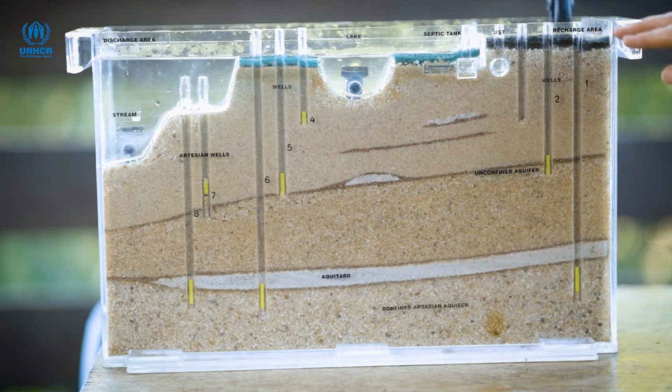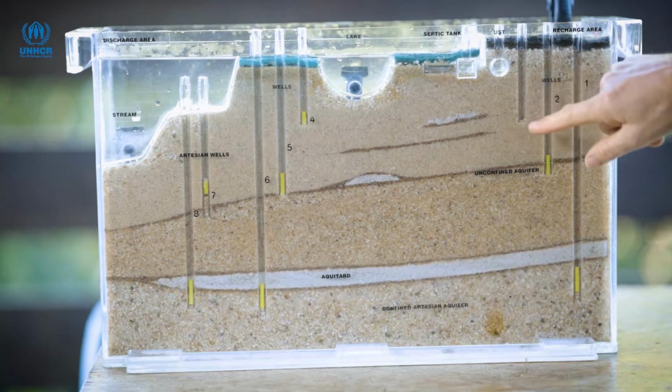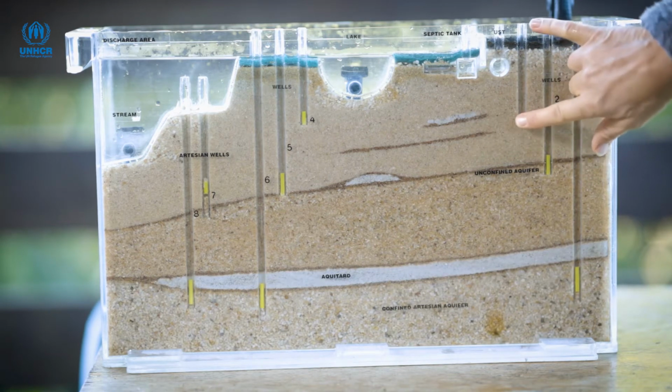Now what we also see here is that we have a few wells and some infrastructure in this area that go to different depths. We have a well that is almost a shallow well, just in the uppermost layer.